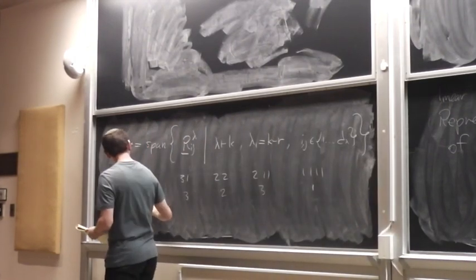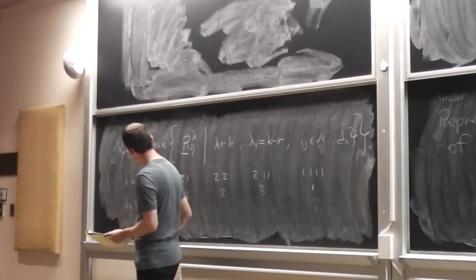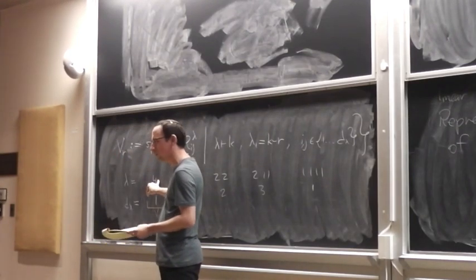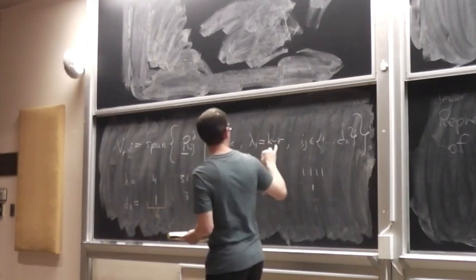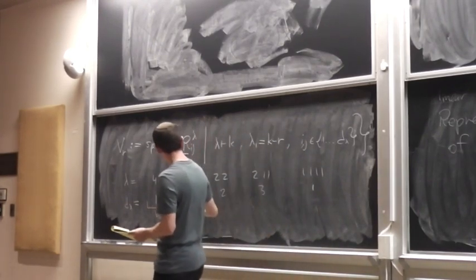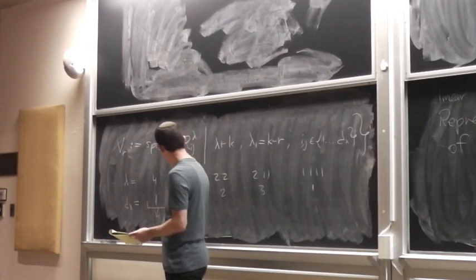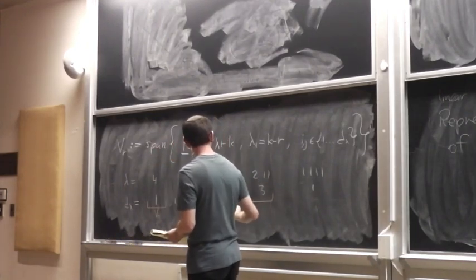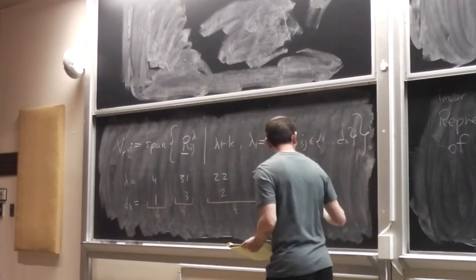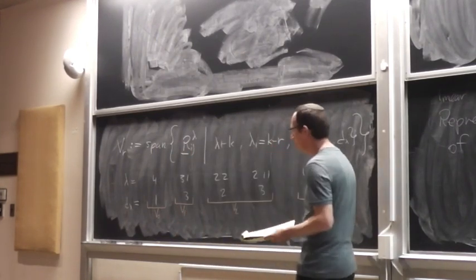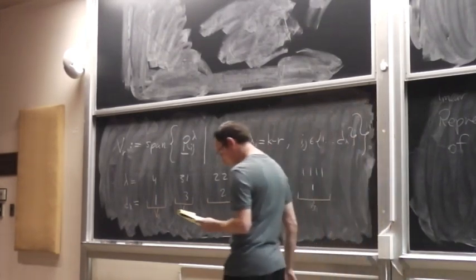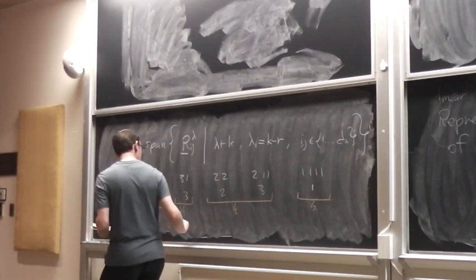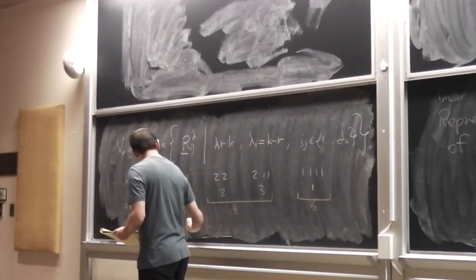The partition (4) contributes to V_0 because the first row is of length 4, which is 4 minus 0. The one that starts with 3 contributes to V_1. The two partitions that start with 2 contribute to V_2, and the last one contributes to V_3. We can also see the dimensions. This one is 1-dimensional, and this one is going to be 9-dimensional.